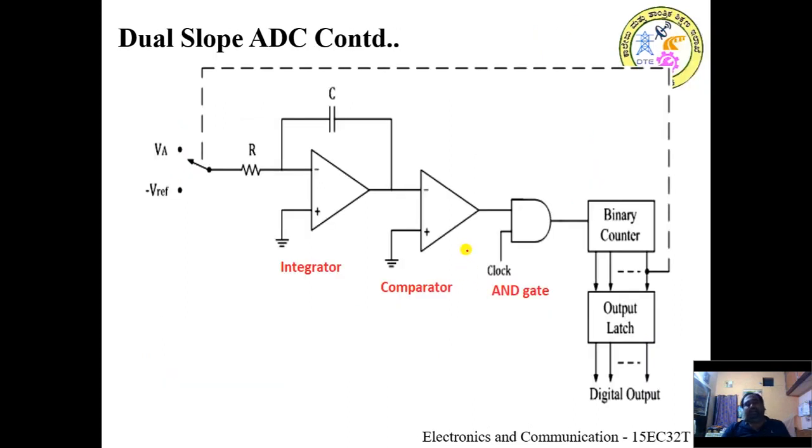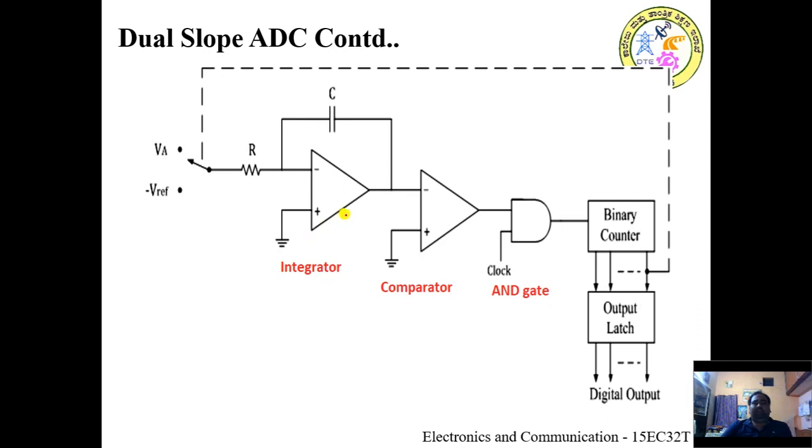Let us see the logic diagram of the dual slope ADC. Here you can see there are two voltages. As I already told you, a dual slope ADC generates two slopes, one for the unknown analog input voltage and another for the known reference voltage. The very first stage you see is the integrator.